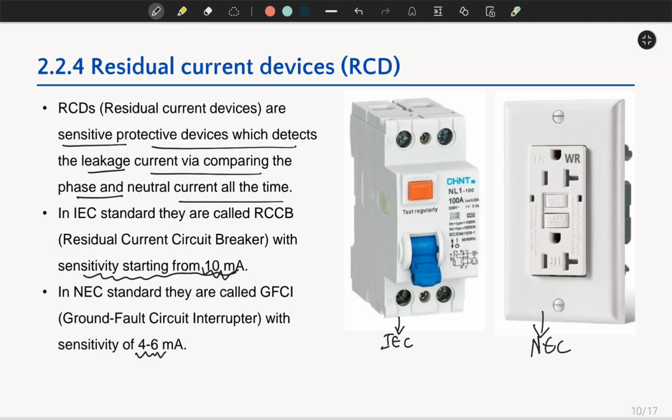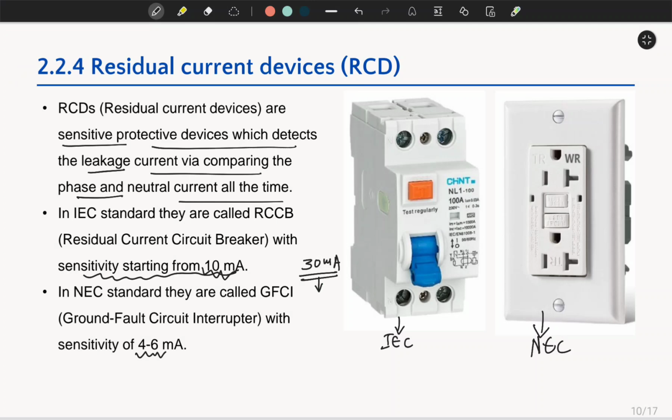But in our houses, we use a standard 30 milliamp sensitivity RCD, residual current device. The reason is that 30 milliampere is the point below which it won't cause any severe damage to the human body, but above it will cause severe damage or hazardous effects on health.